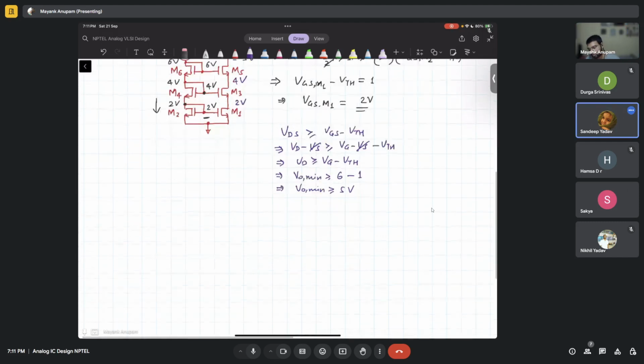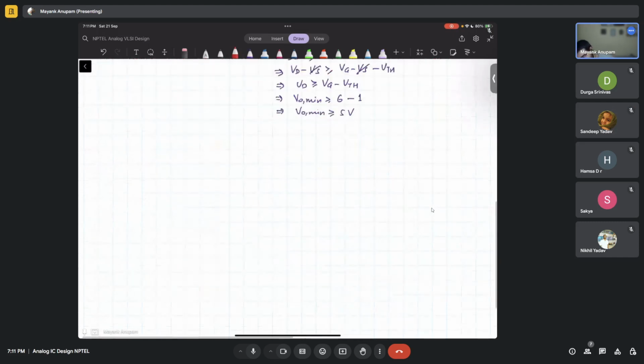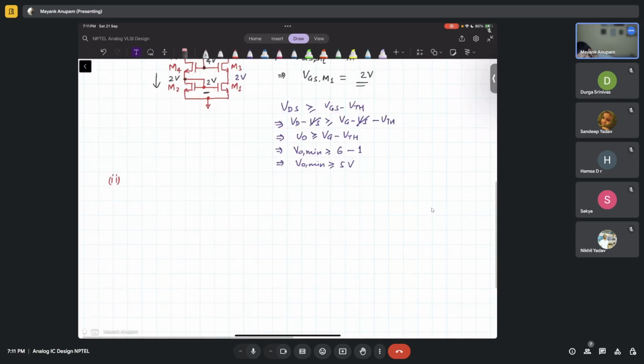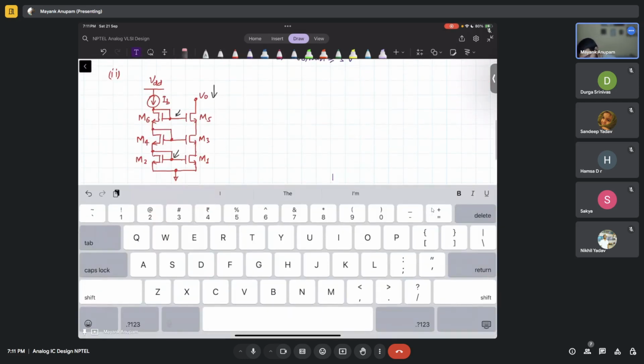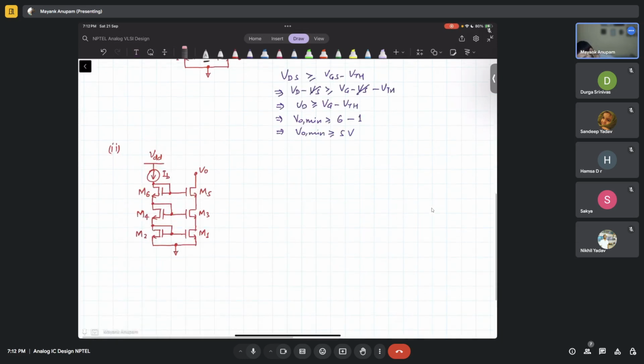Okay. So there are two ways to do it. VOQ is equal to 6 volts, and now from 6 it increases to 7 volts.